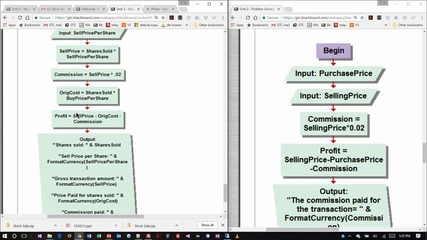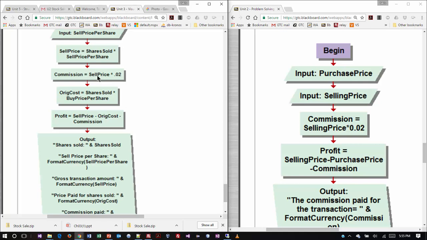Right. And then if you're intelligent, you'll also notice that the commission is based upon the sell price, based upon what I sold. So 50 times 2% is what? $1? What's 2% of 50? $2.50?